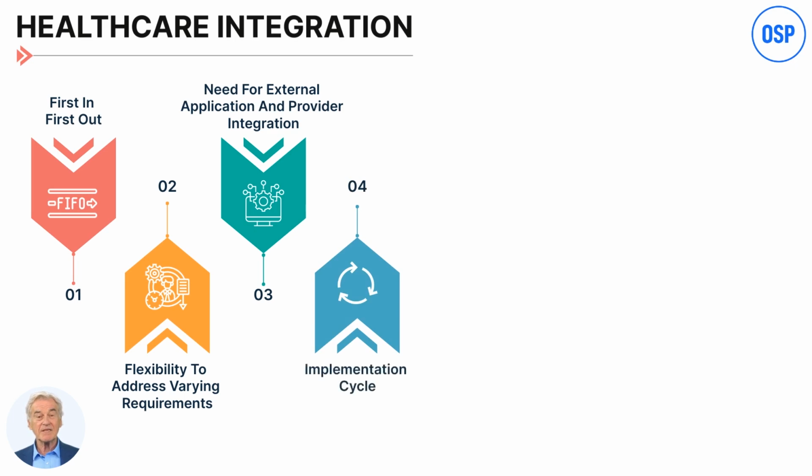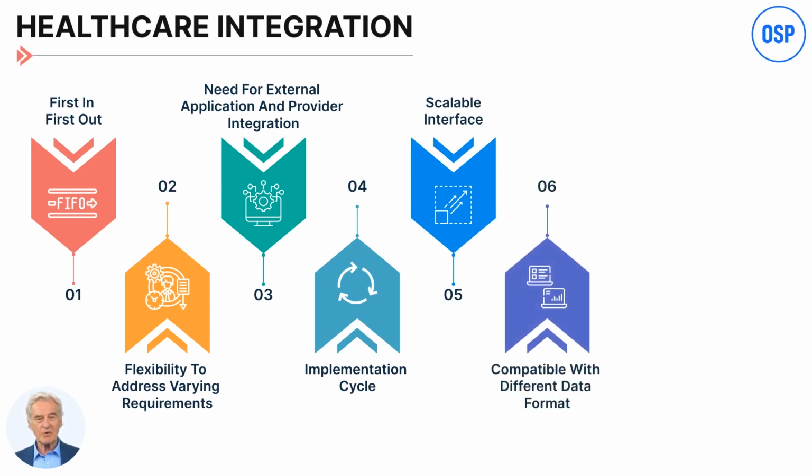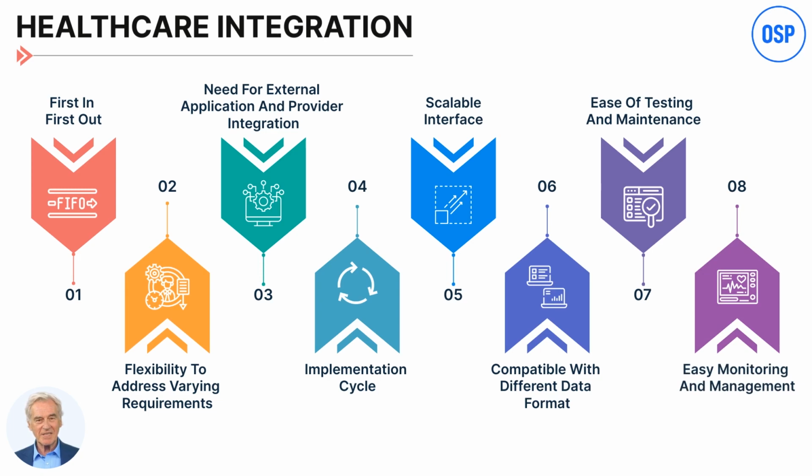A shorter implementation cycle. Number 5. A scalable interface. Number 6. Compatible with different data formats like HL7, CDA, CCR, and XML. Number 7. Ease in testing the interface and its maintenance. Number 8. Easy to monitor and manage implementation.